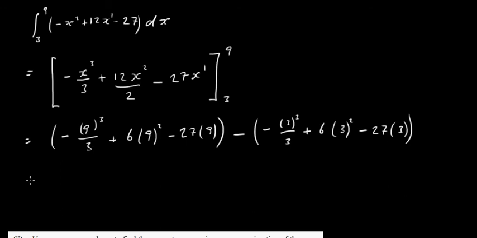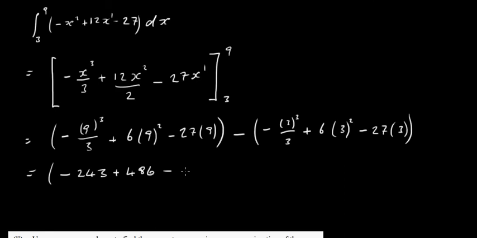Okay, so after that you just got to do it. I'll just get out my calculator here. So we've got minus, well you've got 9 times 9 times 9, that's 729. Divide that by 3 and you get 243. Plus you've got 9 times 9 is 81, and then you've got to multiply that by 6, so that gives you 486.